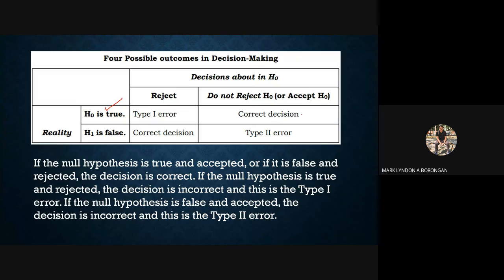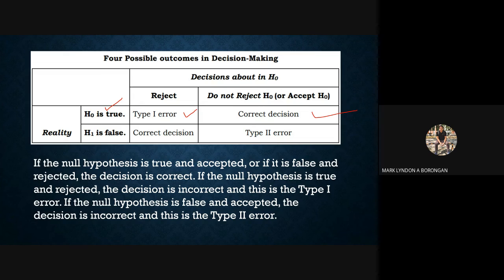If we do not reject, it is the correct decision. So if the null hypothesis is true and rejected, therefore, it is a type 1 error. So that is a type 1 error.